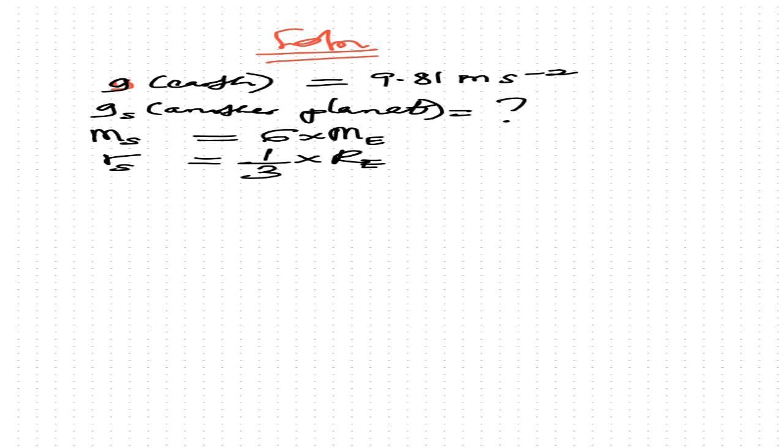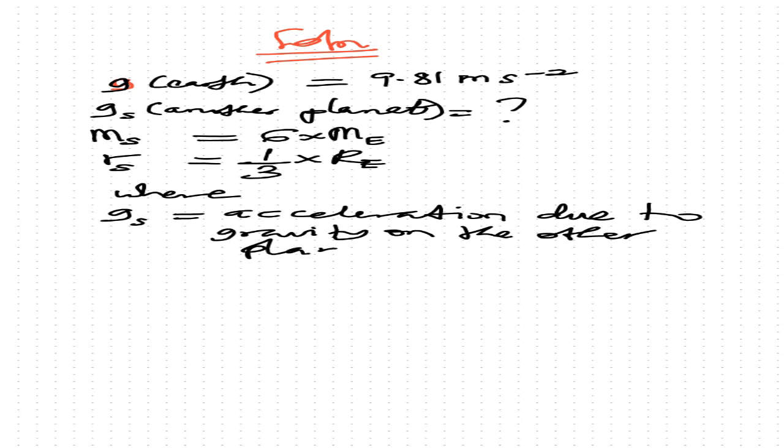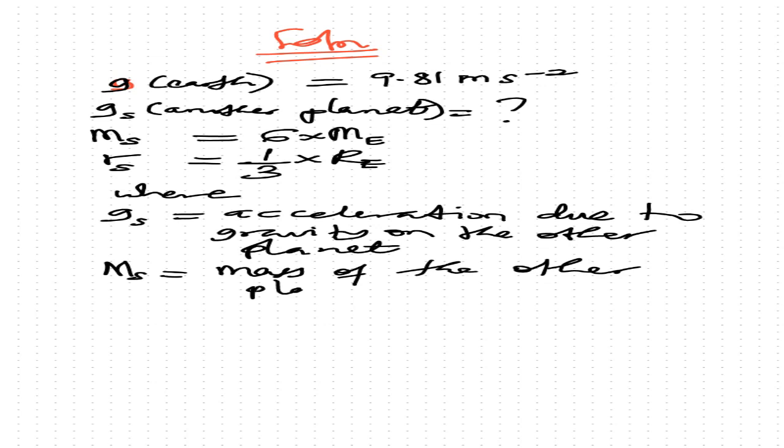So let's define these terms. Where G is acceleration due to gravity on the other planet. Then M is mass of the other planet.